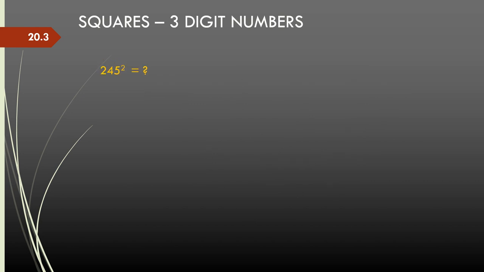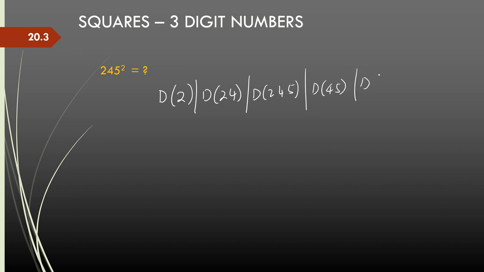Similarly, one more example. If it is 245 square, I start with duplex of 2, then duplex of 2 4, then duplex of 2 4 5, then duplex of 4 5, and then duplex of 5. Once we get used to it, we don't have to write it in that form, but can just start writing the parts.